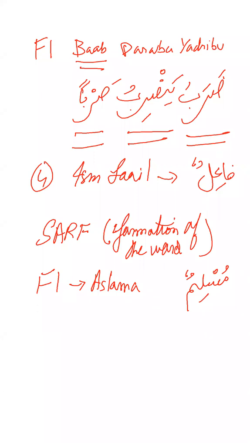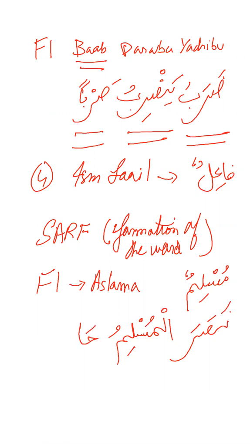So if I say, Nasara al-Muslimu. So what is al-Muslimu sarf wise? It's ism fa'il.